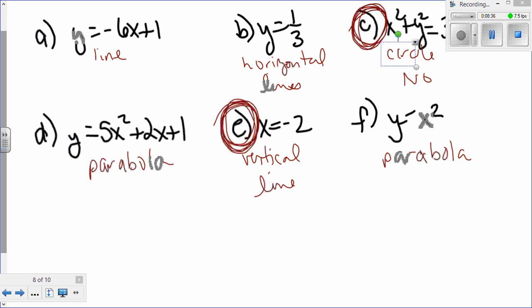So just something to remember. Y squared equals is not a function.